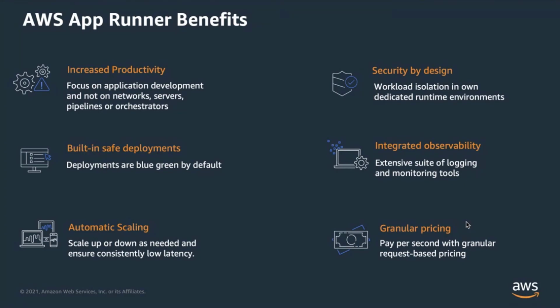For instance, you have built-in blue-green deployments without any infrastructure components. It just helps in safer rollout of software. You have automatic scaling. So App Runner scales up and down very elastically. It doesn't provision EC2 instances in your account. It does it behind the scenes through containers.